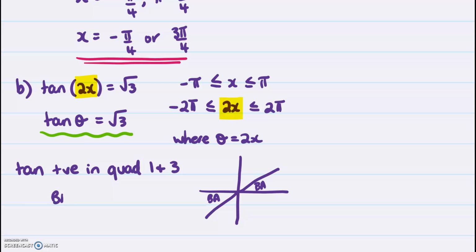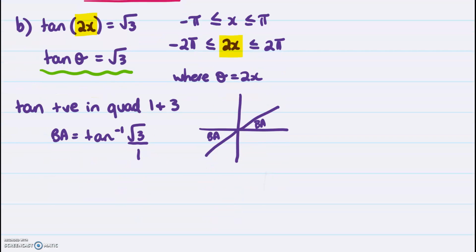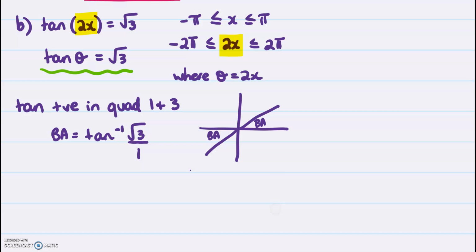So the basic angle must just be tan to the -1 of √3. Because there's nothing on the denominator, I'm going to write it over 1 so I can more quickly see in the special triangle. So the triangle that has the √3 is this one. That's your 60-30 triangle, or pi on 3, pi on 6.